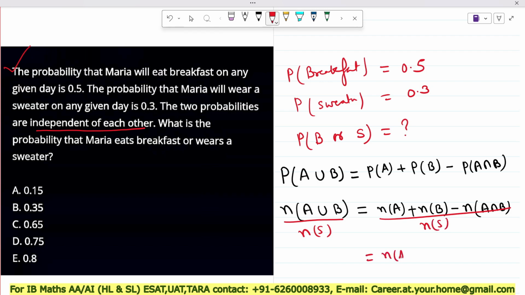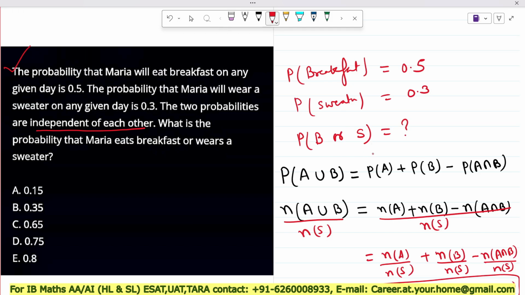This will be n of A upon n of S, this will be n of B upon n of S, minus n of A intersection B upon n of S. So they convert into probability of A, probability of B, minus probability of A intersection B, and this becomes the probability of A union B. Is it okay?